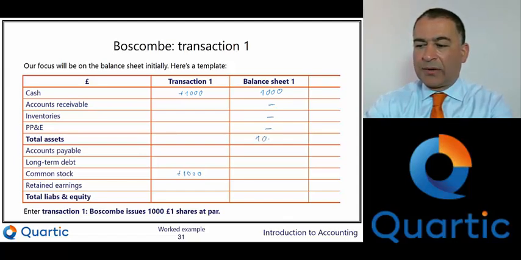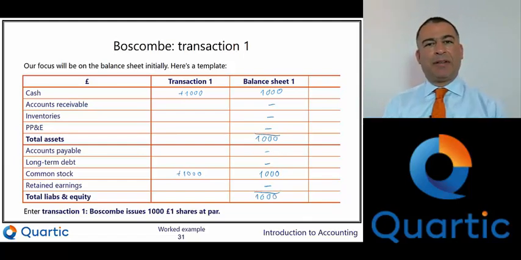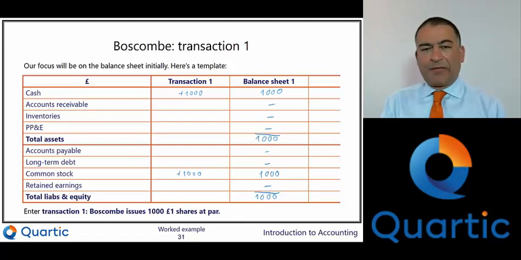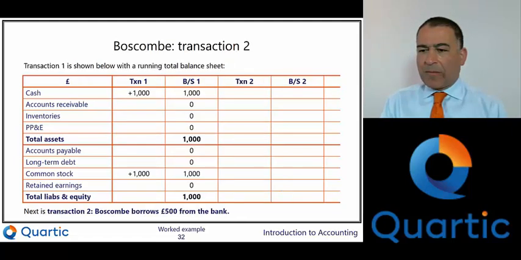Total assets 1,000, nothing down here, but 1,000 common stock, total 1,000. So in other words, we have total assets of 1,000 and total liabilities and equity of 1,000. So fairly simple so far. So that's the first transaction. There you can see the first transaction written in, just to confirm that we got it right.